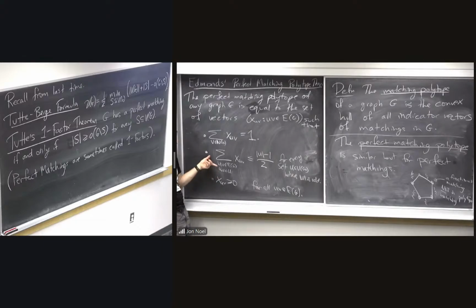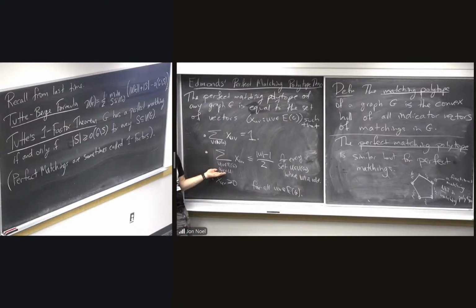So this is the additional constraint that didn't show up for bipartite graphs. And this has got to be true, right?